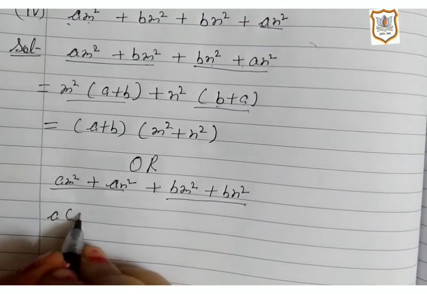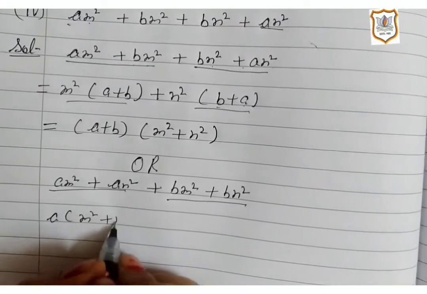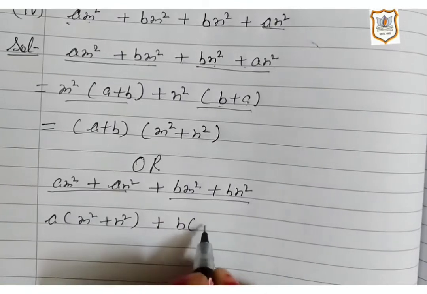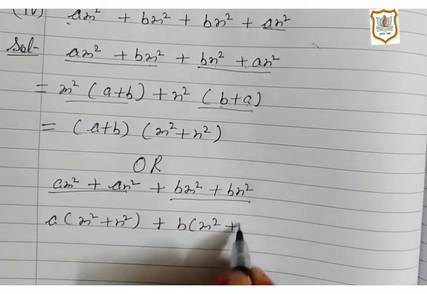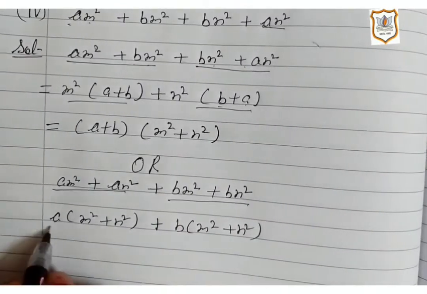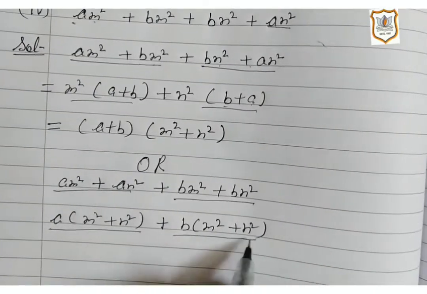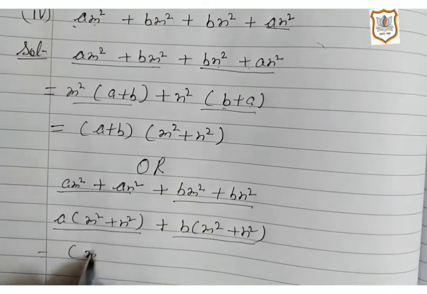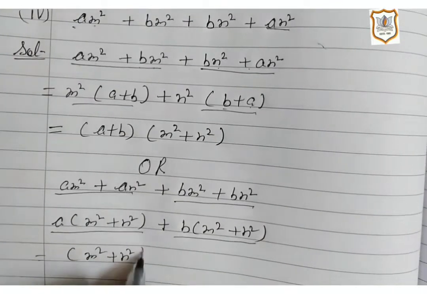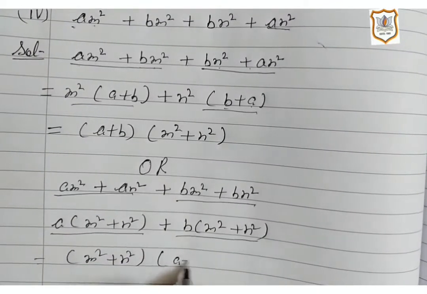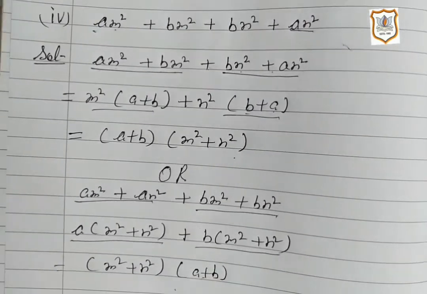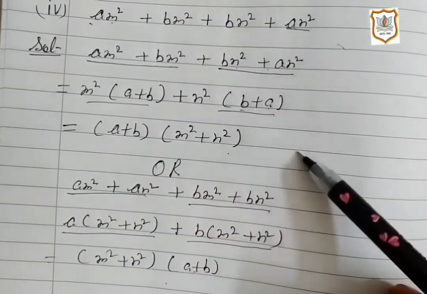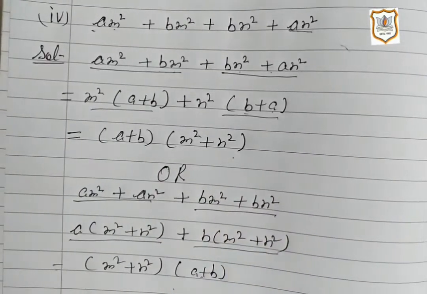So here we will write a in the bracket, m square plus n square, and then plus b we will write the common factor, then m square plus n square. Now we will first write the common factor, that is m square plus n square, and then a plus b. Students, here you can see that in both the cases the answer is the same.